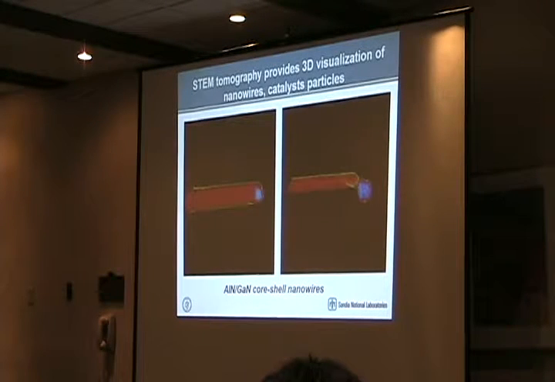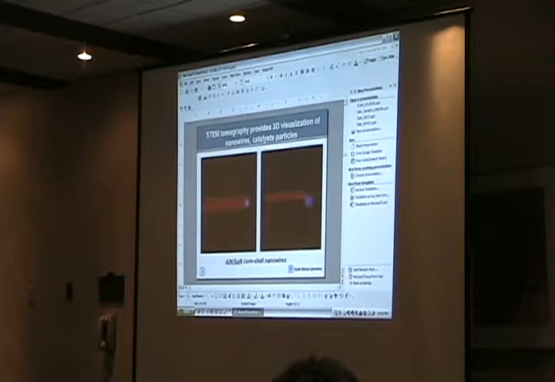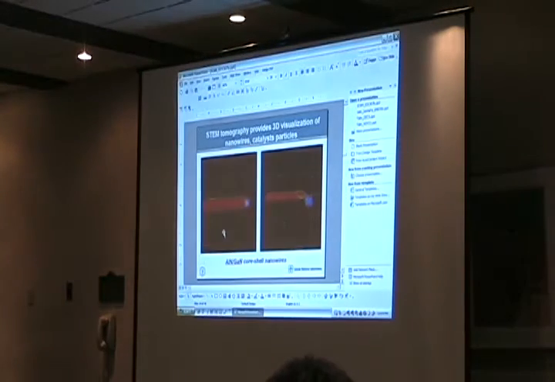And as I promised, now I think I'm going to have to come out of it. Just to give you a better view, this is what these nanowires look like. What you see in blue is the catalyst. Now this is, in fact, not simply gallium nitride, but gallium nitride or aluminum nitride. You can actually see the aluminum nitride.